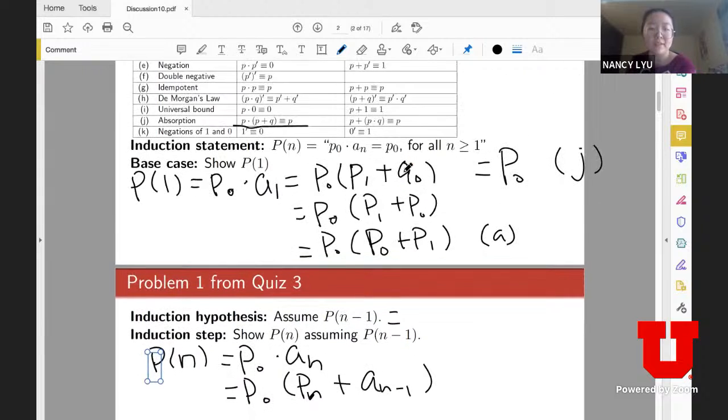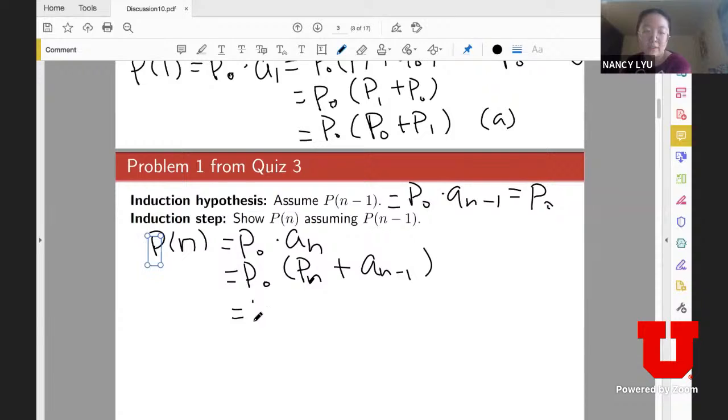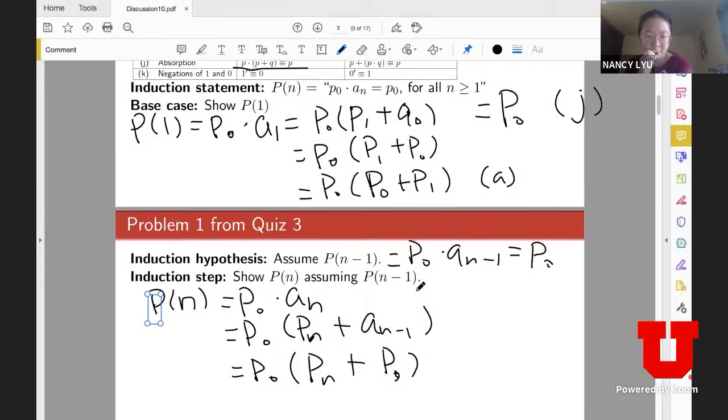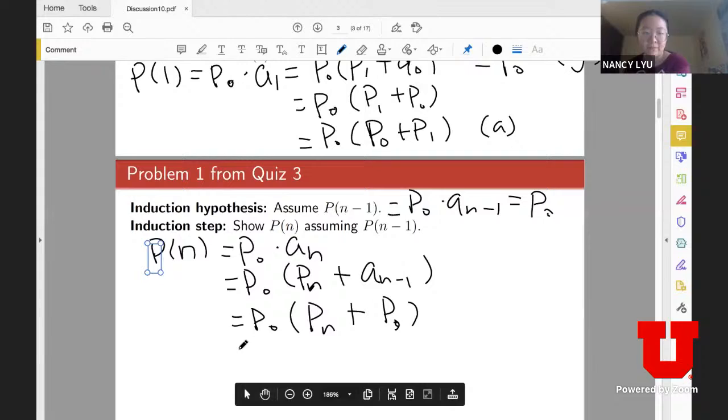So this is equal to Pn plus P0, which is by the induction hypothesis.